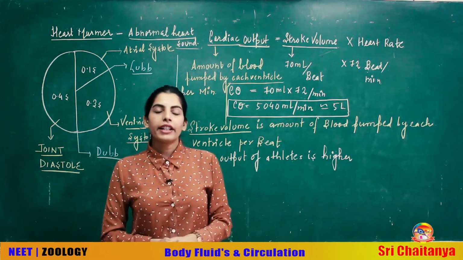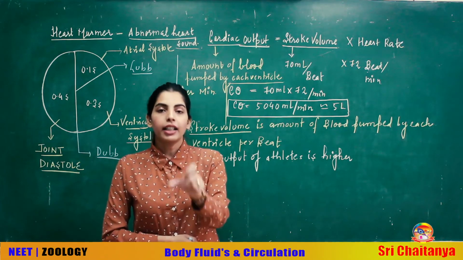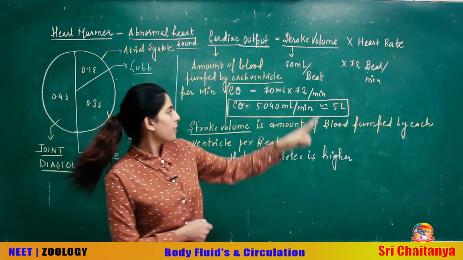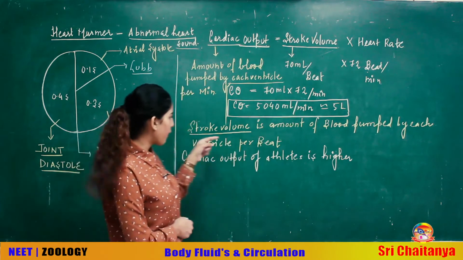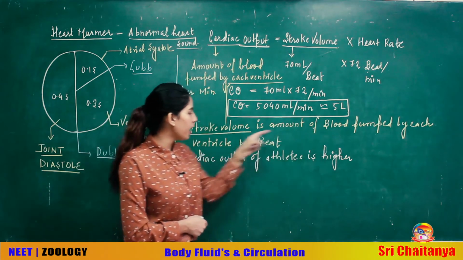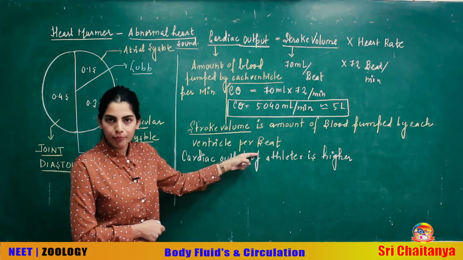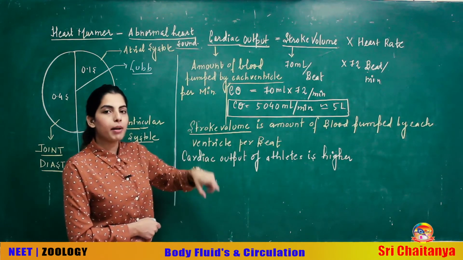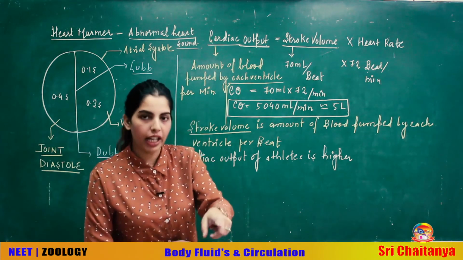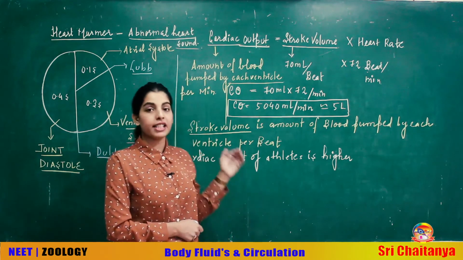Stroke volume is defined as the amount of blood that is pumped by each ventricle per beat. See, per beat. That is 70 ml per beat, and this value can vary. This is not fixed, this is the average.